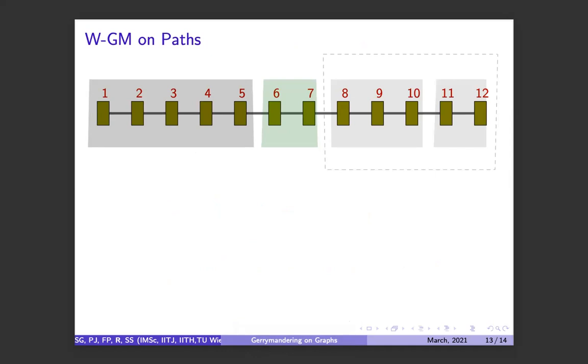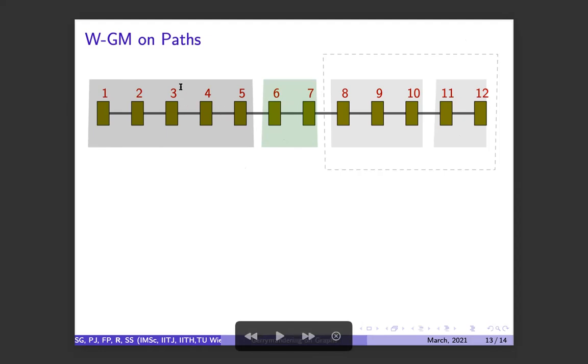So look at this example again. You have these vertices, and this part you are yet to explore. So this is the S-to-V part. Say 1 to 7 is the part that we are looking at now, and we are looking at the districts that can be formed here. Say this green is the district where our preferred candidate P wins, and gray is another candidate.